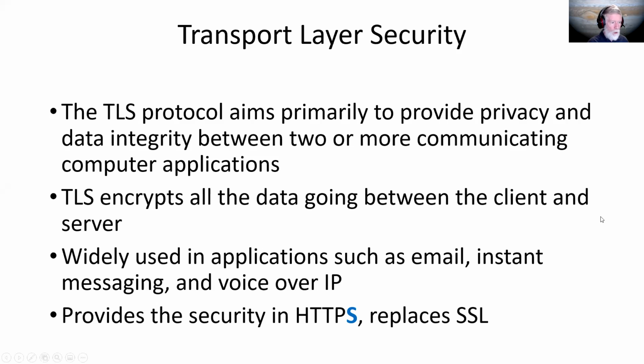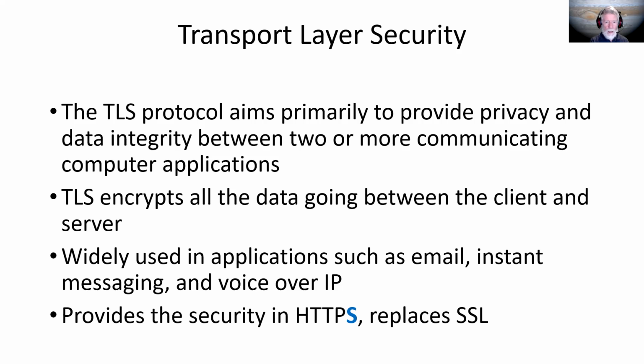Okay, transport layer security. It's the security in HTTPS. It's a means of providing encryption across the link. It's pretty good because it uses a new key every time. It uses a combination of private key or secret key encryption and public key encryption, or symmetric and asymmetric.